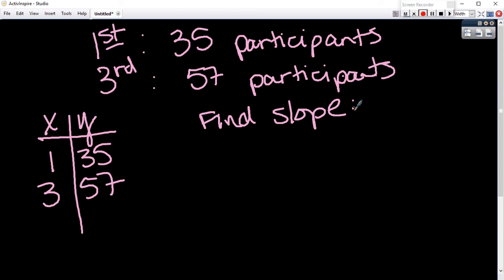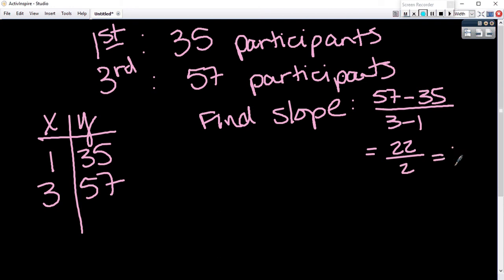Y2 minus Y1 over X2 minus X1. So 57 minus 35 over 3 minus 1. Are we all in agreement? 57 minus 35 is 22. 3 minus 1 is 2. Slope's 11.